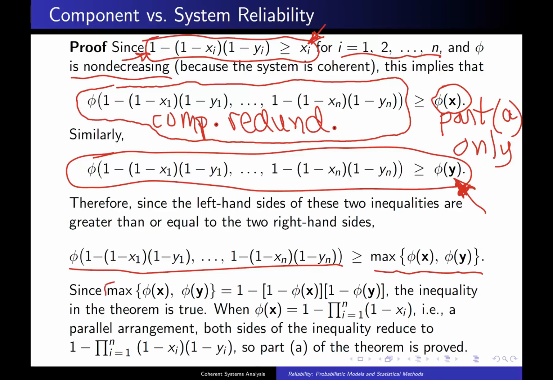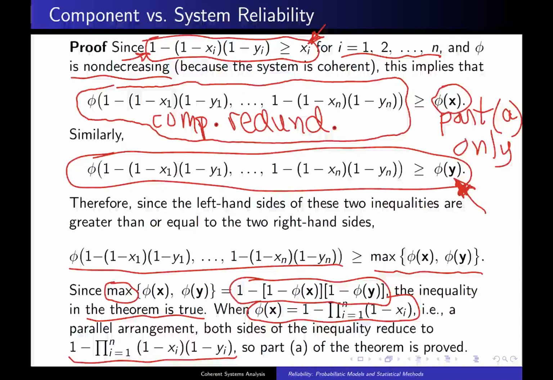But we know from parallel systems that when we take the maximum of two values, that's the same as 1 minus (1 minus phi of x)(1 minus phi of y), and that concludes the proof of the theorem, that the component redundancy will exceed the system redundancy. Now, to finish off part A, you would then take the parallel system, simply plug that into both sides of the inequality. They both would reduce to this quantity right here, and that would take care of part A. So the reason only part A is proven here is that that is the one that is used in system design.